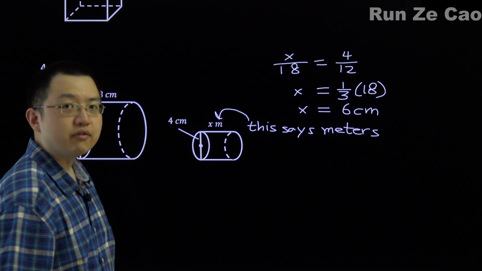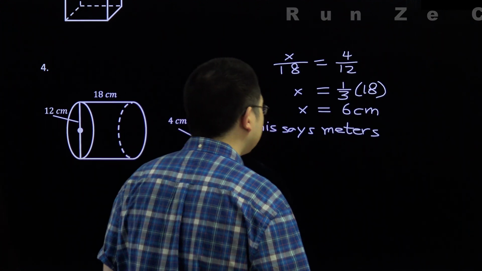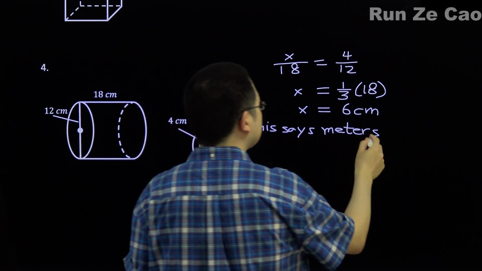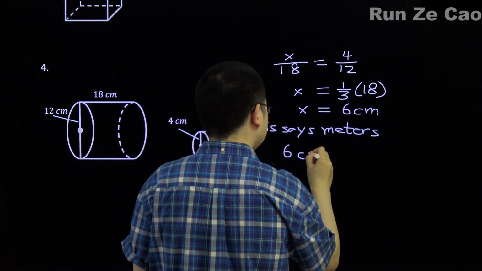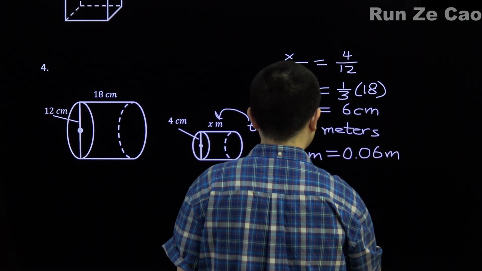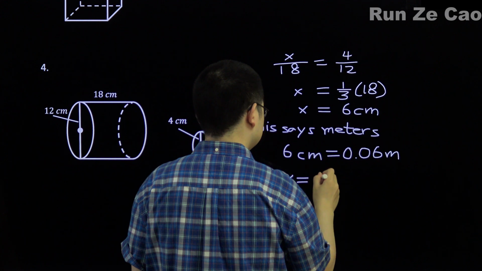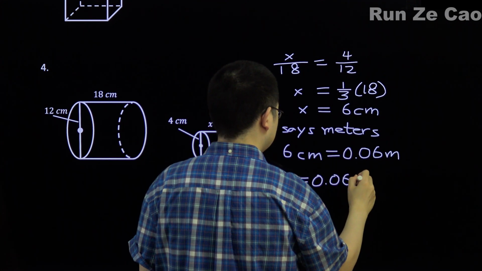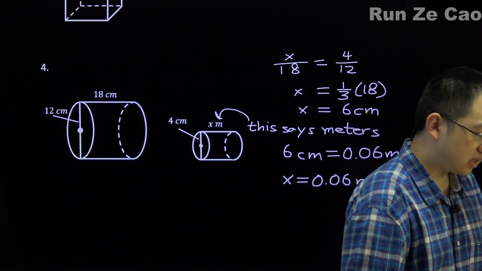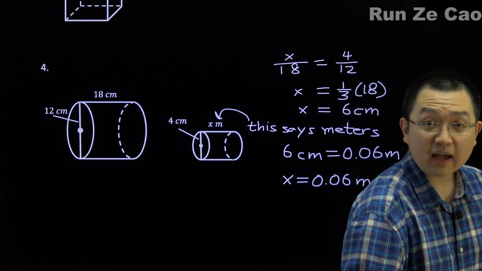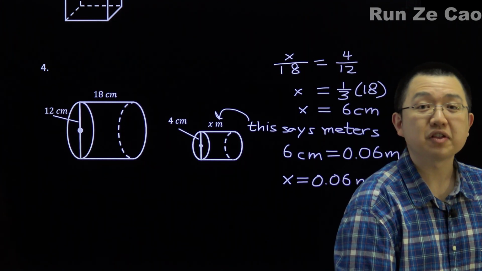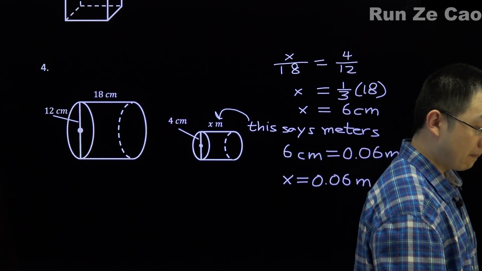And that would also have been a trap for people who aren't paying enough attention. So because it says meters, 6 centimeters is equal to 0.06 meters. So x is equal to 0.06 meters. I mean, technically x is actually unitless because it says x meters there. So it should be x equals 0.06, but I'm just making everything very, very clear, okay?